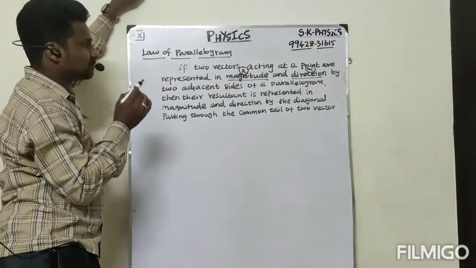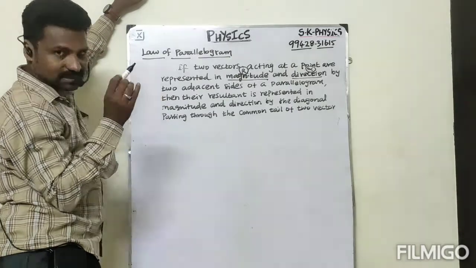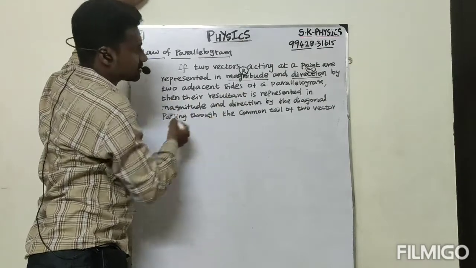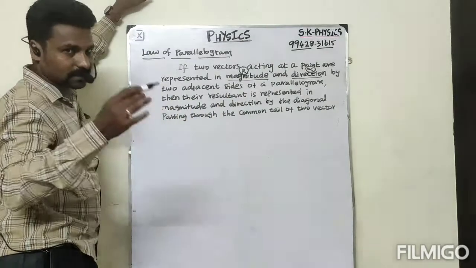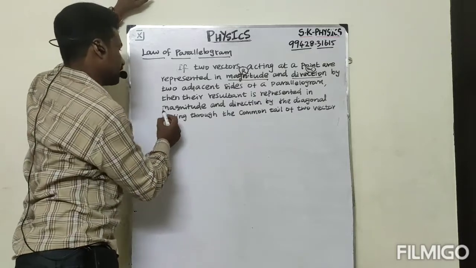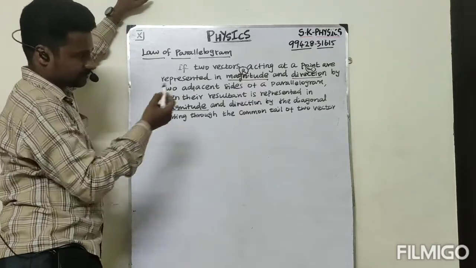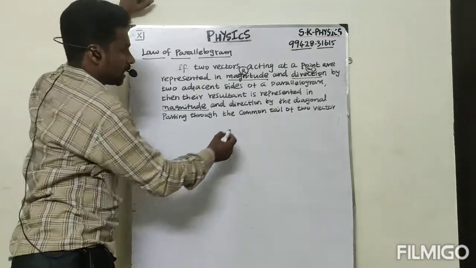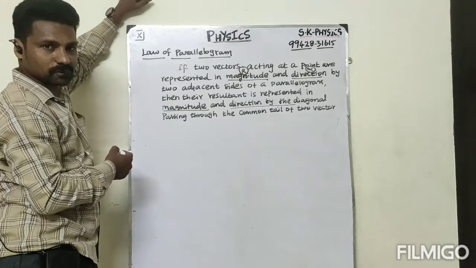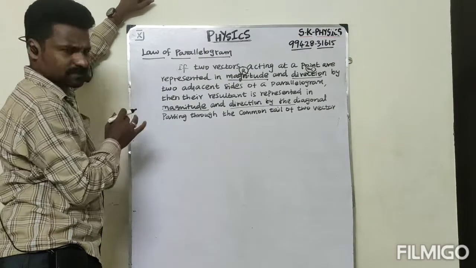The resultant R and the direction alpha we are going to find, by two adjacent sides of a parallelogram. Then the resultant is represented in magnitude and direction by the diagonal passing through the common tail of the two vectors. This is the statement.